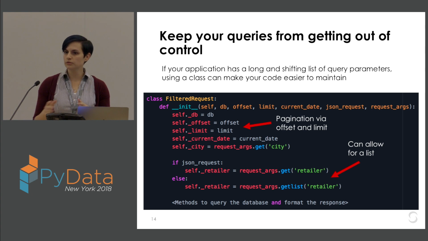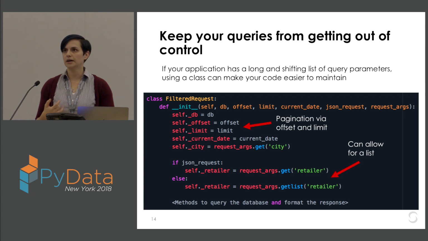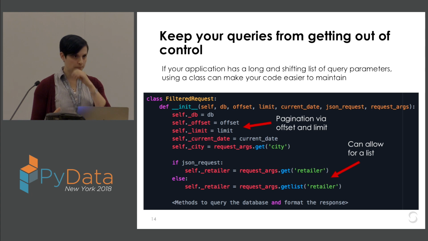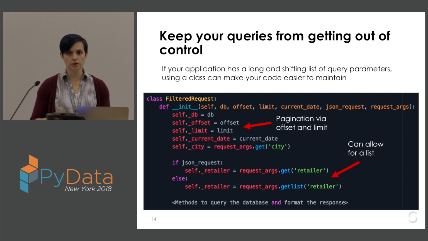With this trending feed, if you want to personalize it for customers, you might want to filter it by what department you want to shop in, like men's, women's, children. You might want to filter it by what city you live in or what zip code you're in, maybe min and max price, or whether something's on sale. There's just this exploding list of query parameters that someone might want to give us when they access the API.